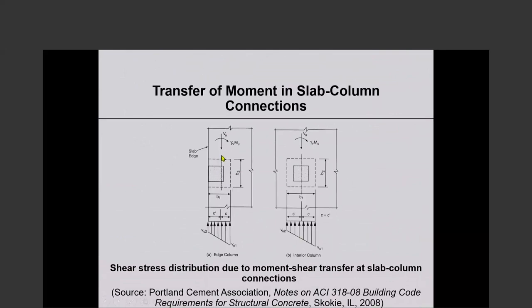So let's take the interior column. This is the critical section. We will calculate a J about the critical section, and I'll show you formulas. The moment gamma sub V times M sub U divided by the polar moment of inertia J, multiplied by the distance from the centroidal axis to the face, will give us the stress on this face. Stress on this face will be in the direction of shear caused by gravity.